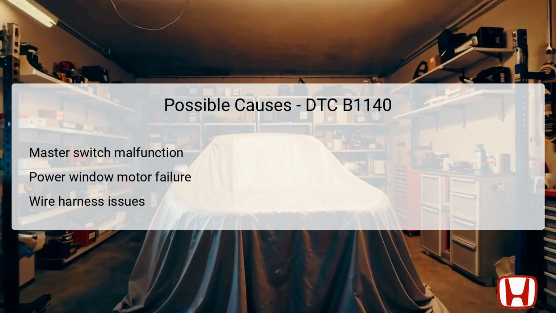Additionally, wiring issues such as breaks or short circuits within the wire harness might prevent proper communication between components, thereby resulting in the DTC. Each of these factors needs to be examined during the troubleshooting process to ensure a comprehensive analysis of the problem. Understanding these causes will guide you in the right direction while diagnosing and rectifying the issue.